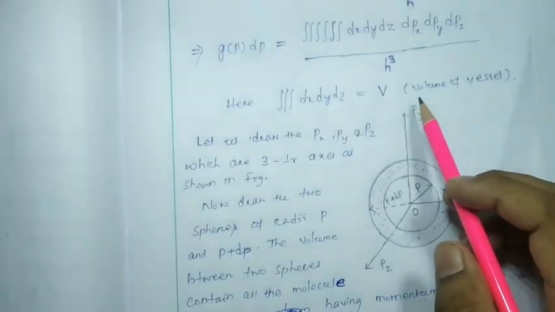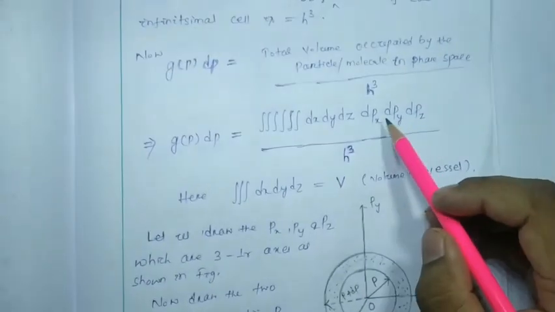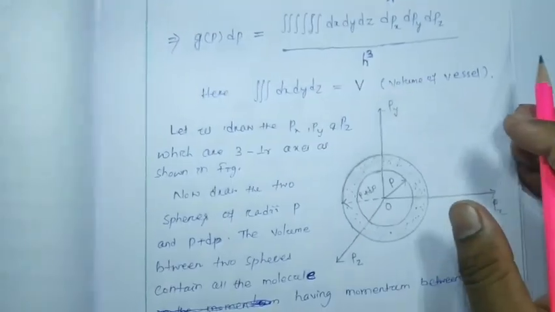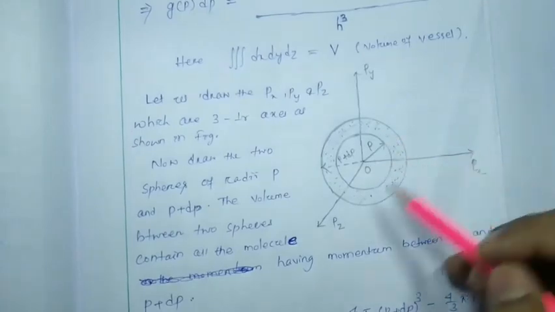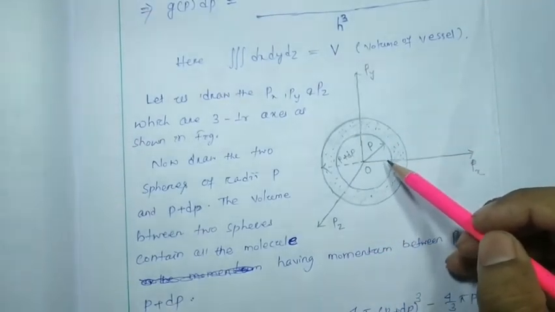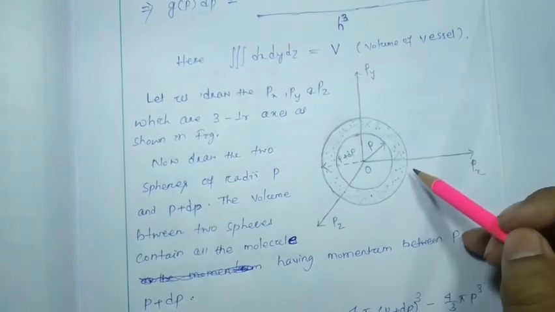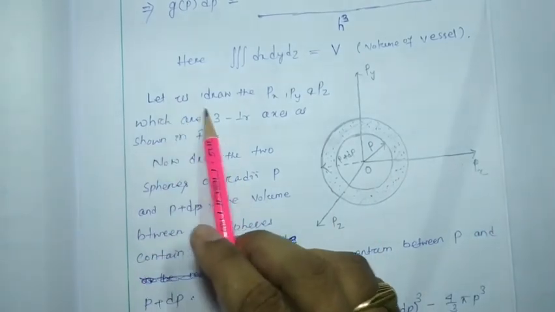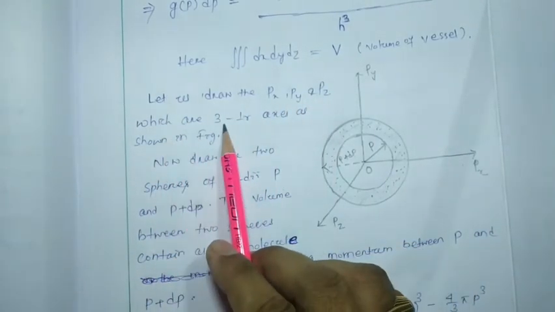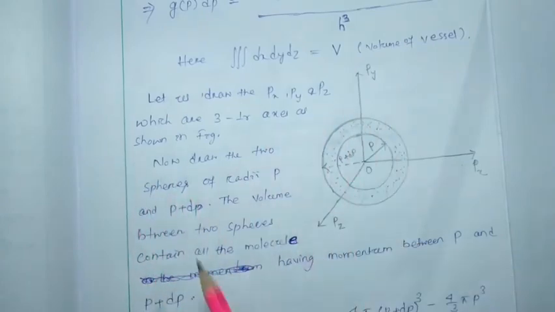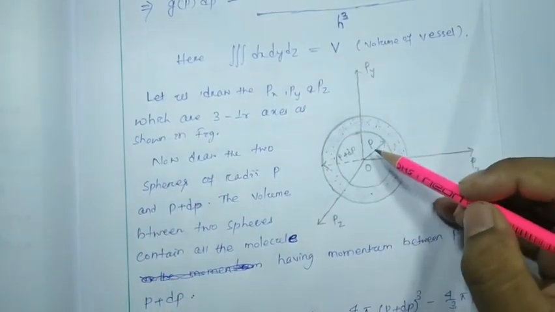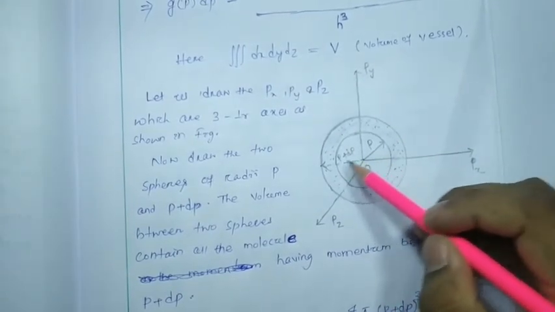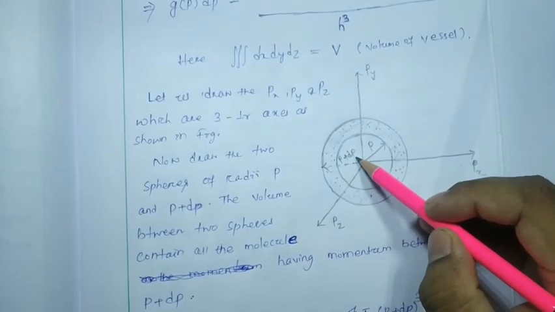Now we have to consider the value of the triple integration of dpx, dpy, dpz. We consider that px, py, pz are the momentum directions along x, y, z, which are mutually perpendicular. Let us draw the px, py, pz axes as shown in the figure. Now draw two spheres: one having radius p, and another, the dotted one, having radius p plus dp.